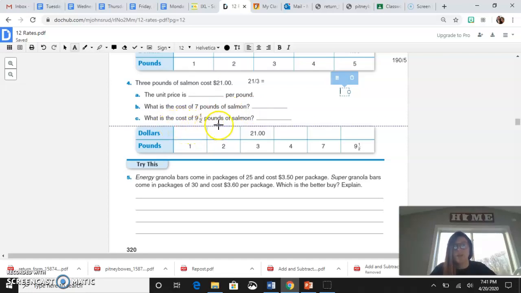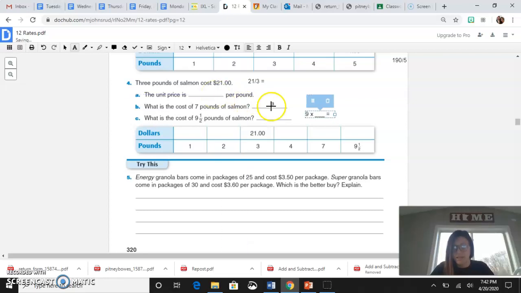Then for this one, 9.5 pounds, that one's a little trickier. So what you're going to do is 9 times whatever this is, and then plus half of 7. Half of 7 is 3.5. So you're going to do 9 times whatever your unit price is right here. I'm not going to tell you what it is.